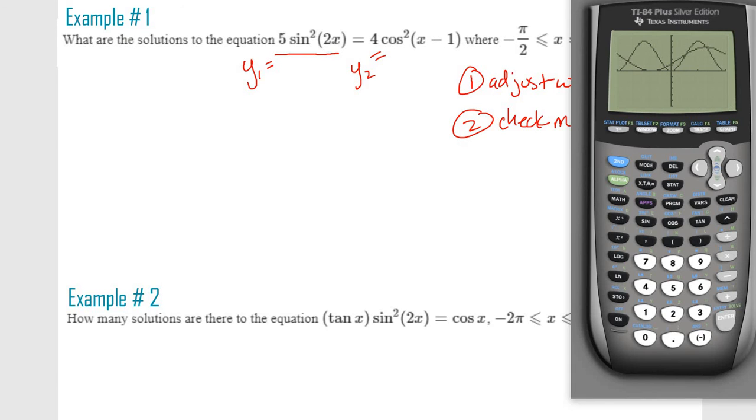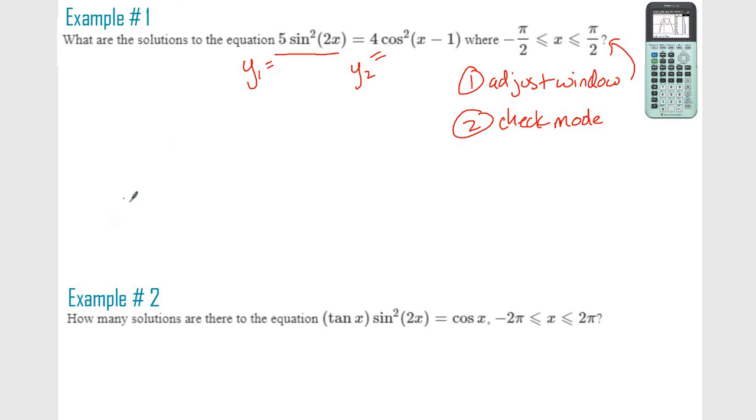Here, it looks like it has 4 points of intersection. Once you do all those intersections, you get negative 1.27, negative 0.176, 0.424, and 1.02.